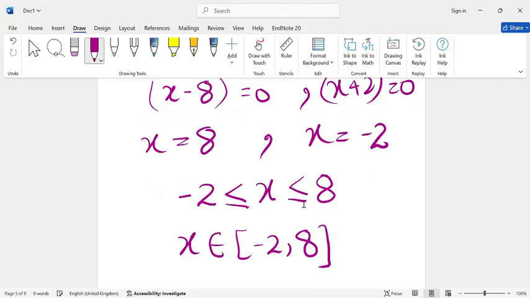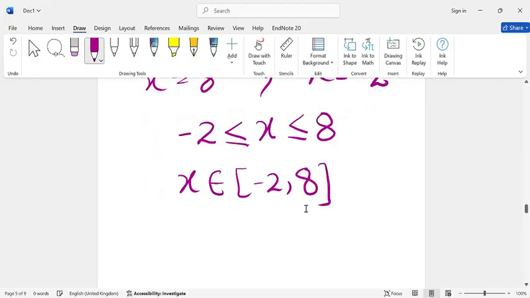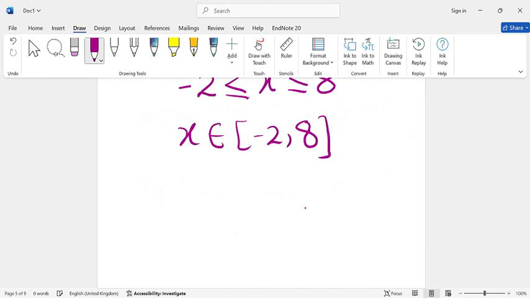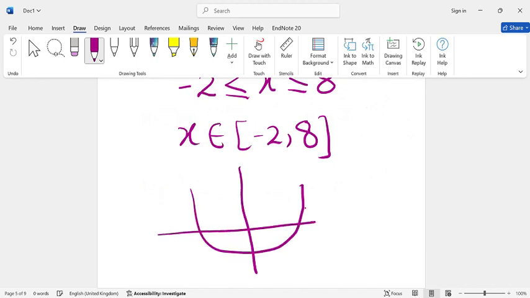Okay, so it converts to this when we have the parabola shape. So x equals 8 is over here, and x equals minus 2. Okay, we write it like that.